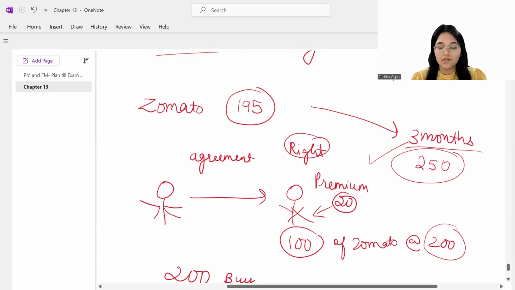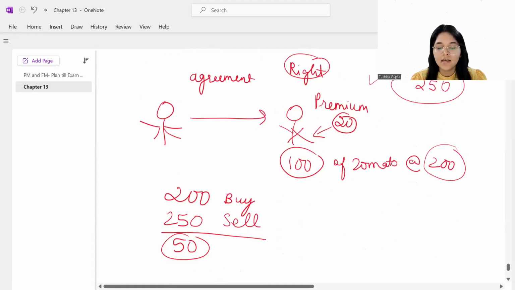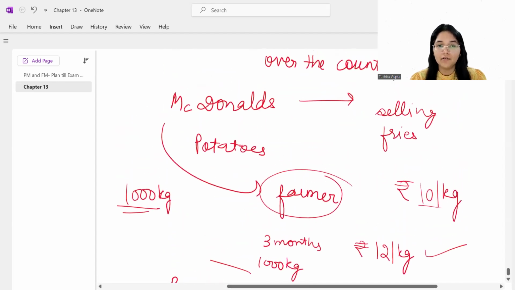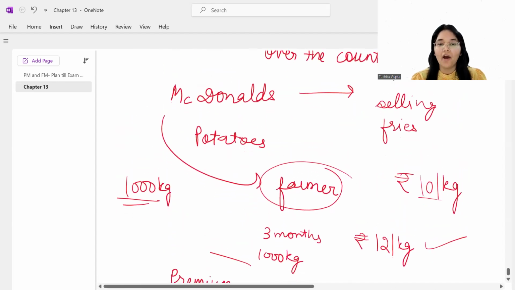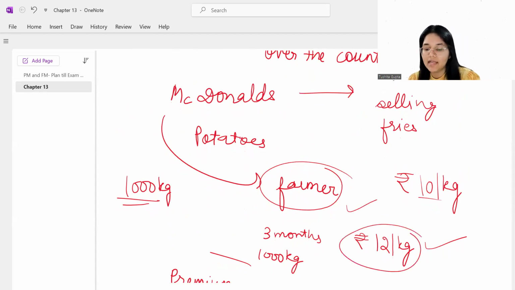Similar is going to be the story when it comes to forwards. McDonald's is going to pay the farmer some premium, because he's the one getting into such an agreement that even if the market price is up, he will not be able to take advantage of it. He will still have to sell it to McDonald's at 12 rupees per kg, no matter what the market price is.